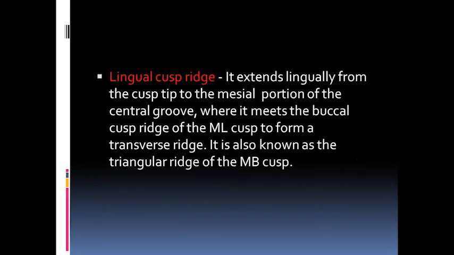Lingual cusp ridge: it extends lingually from the cusp tip to the mesial portion of the central groove, where it meets the buccal cusp ridge of the mesiolingual cusp to form a transverse ridge. It is also known as the triangular ridge of the mesiobuccal cusp.